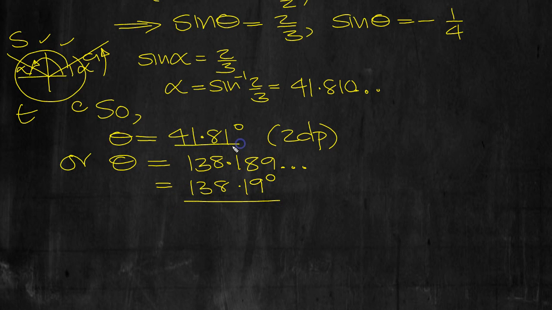So there's our other solution. Now let's have a look at the other one. Sine theta, I'll put it over here so that it's alongside this part of the problem.